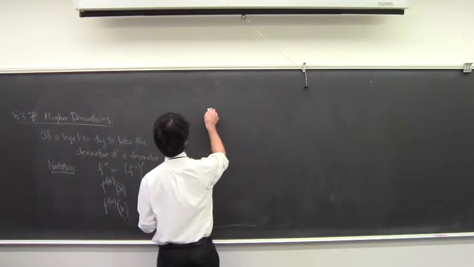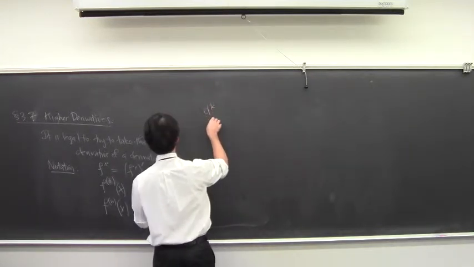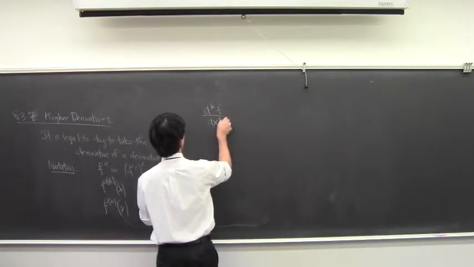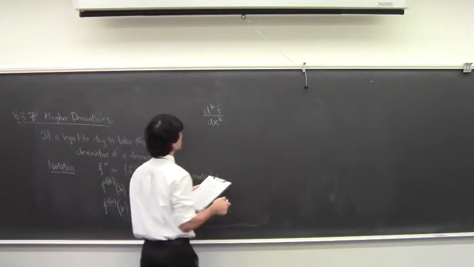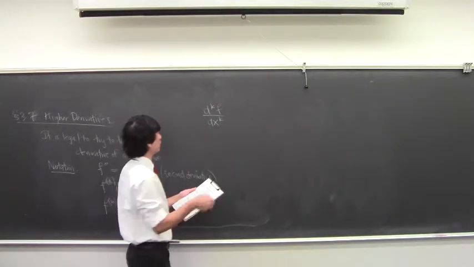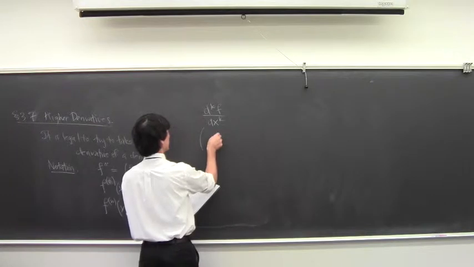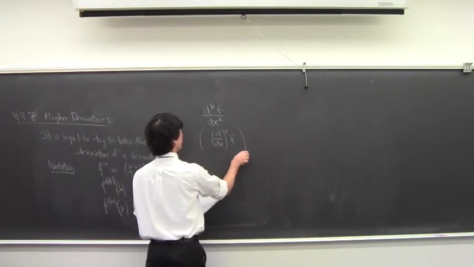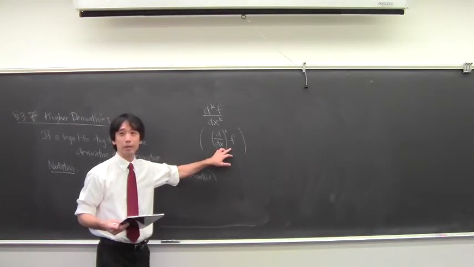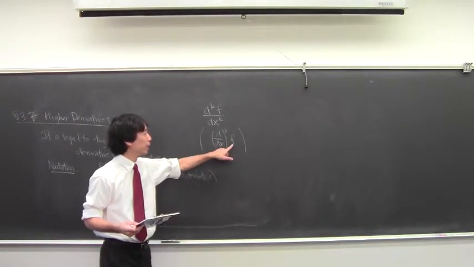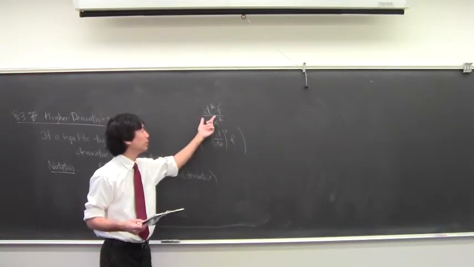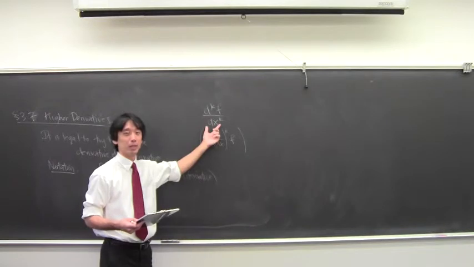Other notations for this. Some people write, and this is pretty common, something like d^k f over dx^k. What this really is, you're taking the derivative k times of f, and that's probably a clearer notation, that you take an f and you do the derivative k times on it. But for some reason, people use this notation also, which I don't like as much.